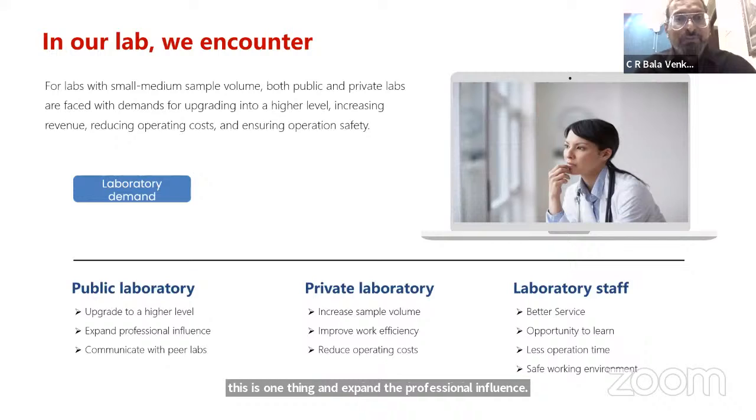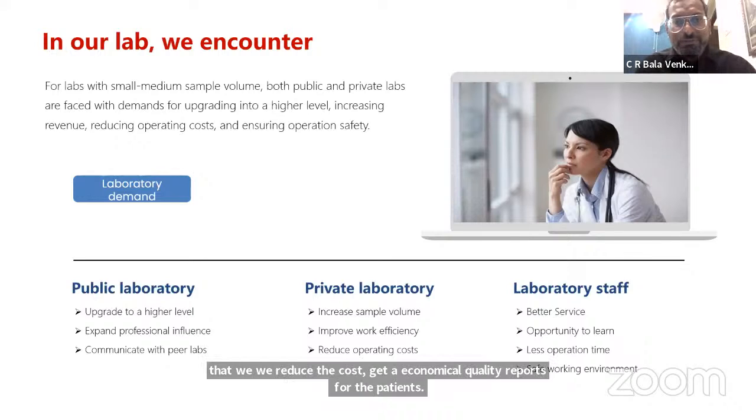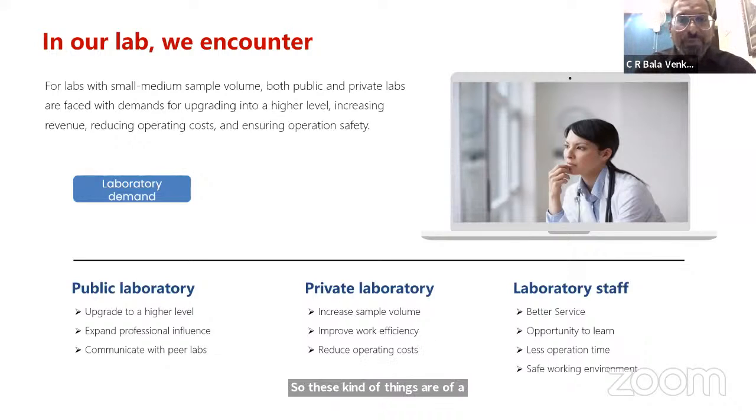This is one more important thing. We have to get more peer groups so that we reduce the cost and get economical quality reports for patients. These are our basic requirements, whether public or private. These are the demands we have to see, and for which we want a better process.